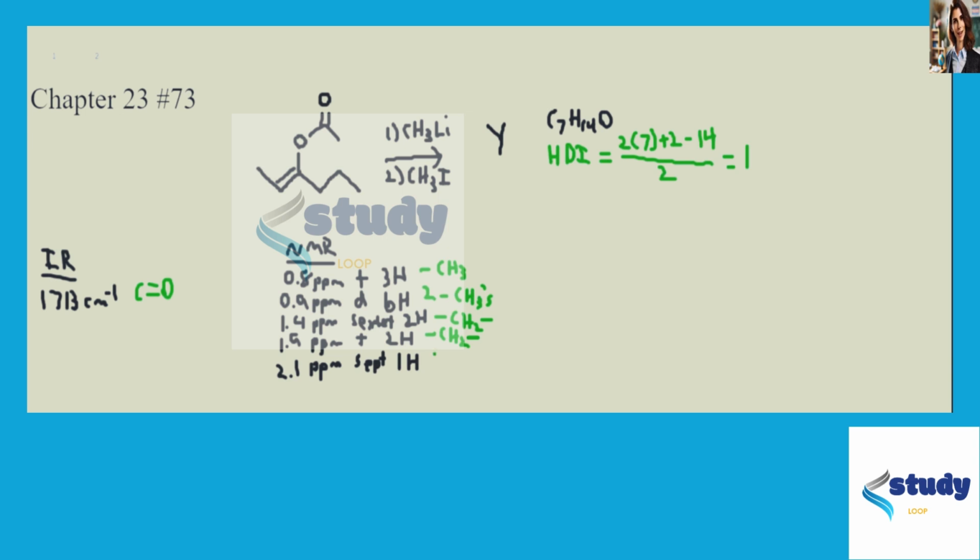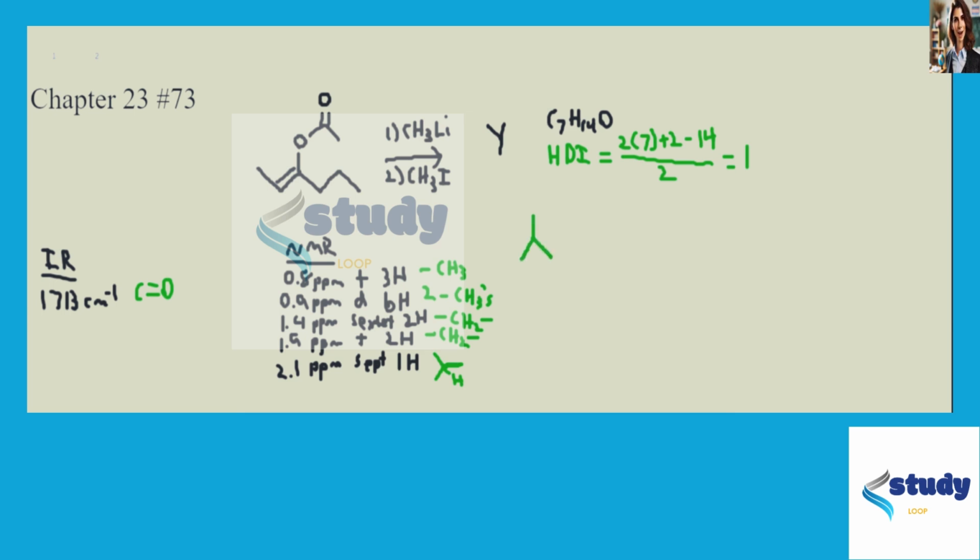This, to me, suggests an isopropyl group, perhaps. Okay, so we have a methyl group and then 2 equivalent methyl groups and a septet that integrates to 1.